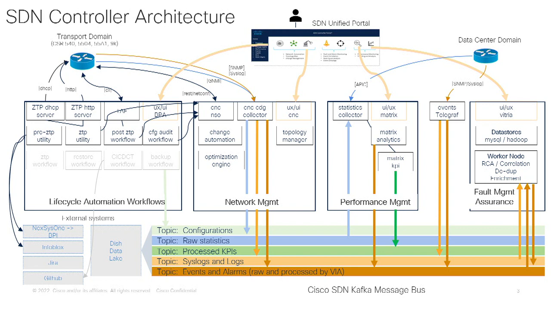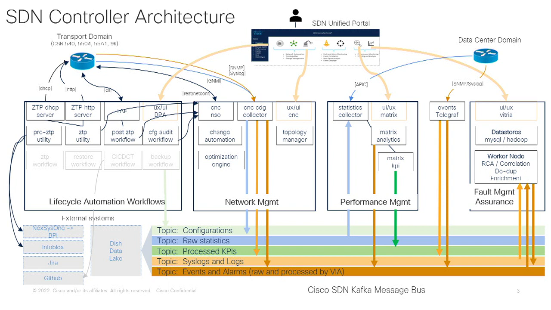The data center domain will provide network insight and observability, but the automation is out of scope. So in today's session, our main focus will be lifecycle automation workflows and network management.